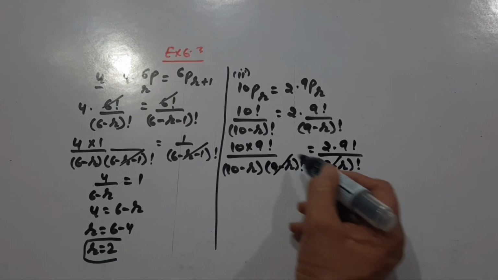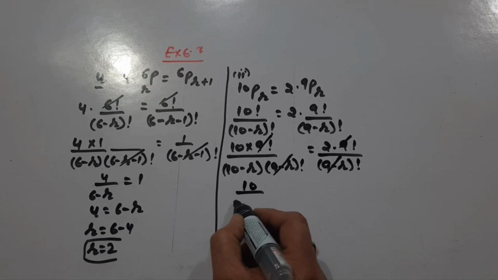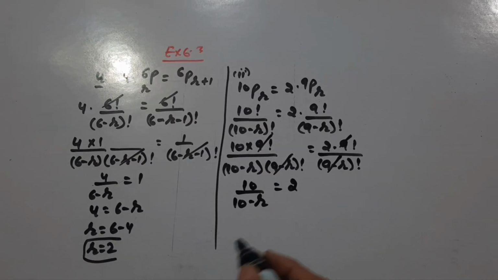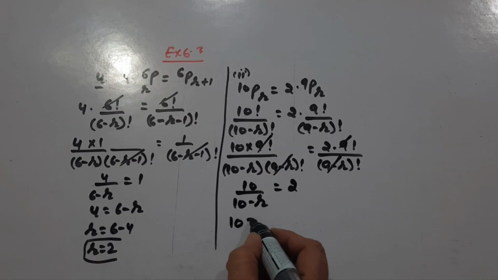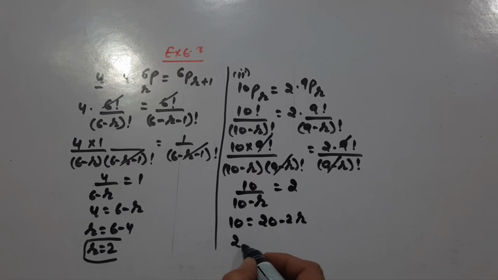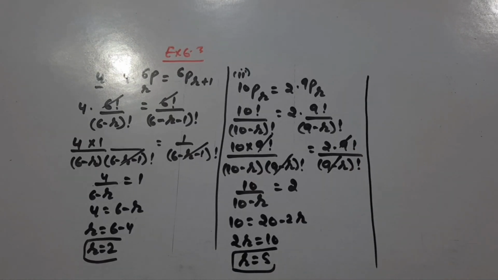Cancelling 9 minus r factorial with 9 minus r factorial, and 9 factorial with 9 factorial, we get 10 upon 10 minus r equal to 2, or 10 equal to 20 minus 2r, 2r equal to 10, so r equal to 5. So students, this is the answer, r equal to 5.